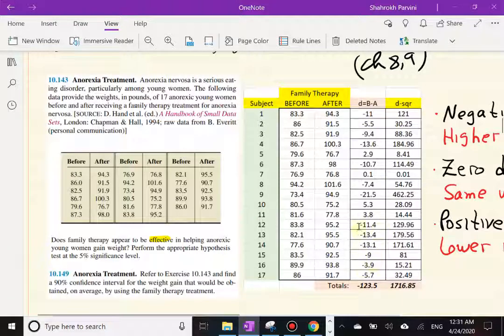So we're going to do chapter 8 stuff over this column of D. Also next to this I have done a D squared column. The reason I'm doing this I'll show you in a moment. Because we have one sample and I'm given data, I need to find the standard deviation and I need to find the average from the data.